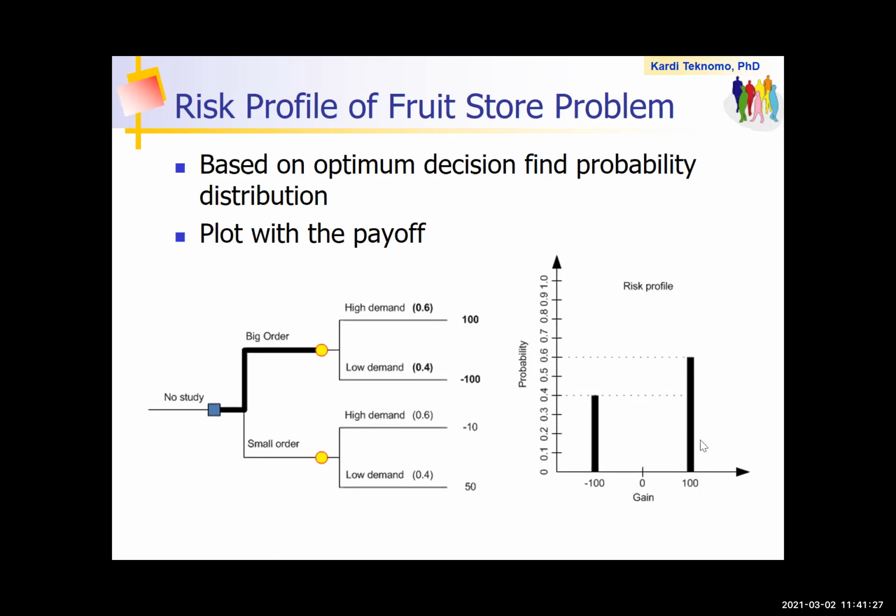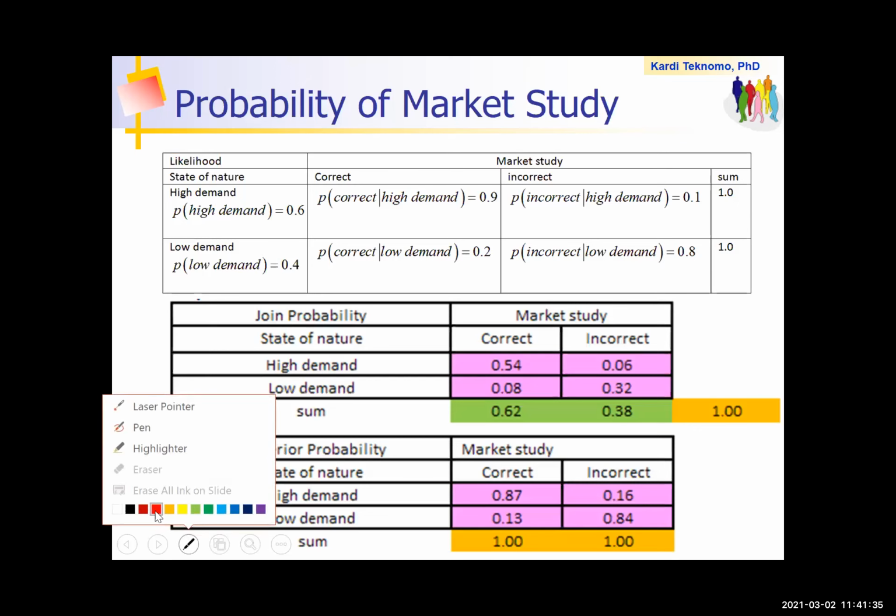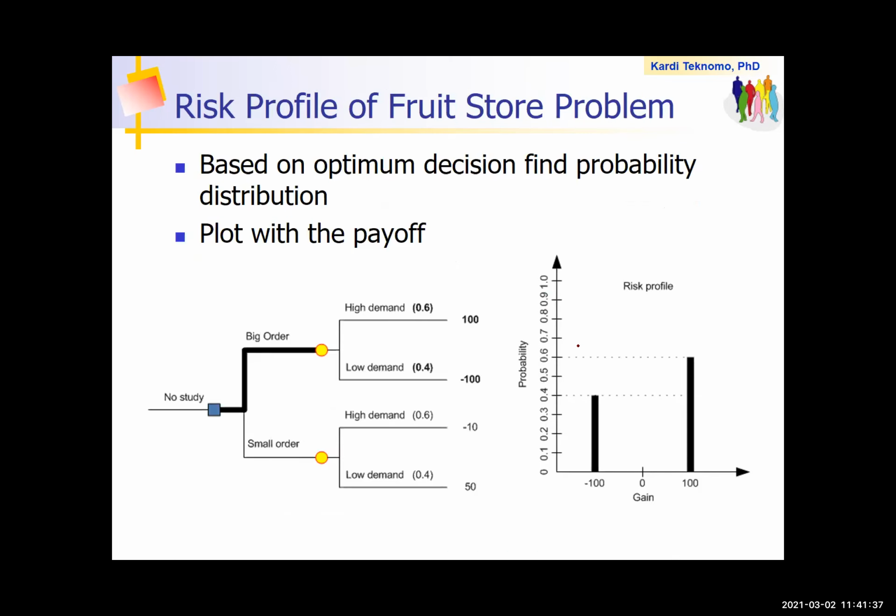You have 0.6 here. What is the value for 0.6? It is 100, right? So you have 0.6 and 100, and you get the bar for big order. For low demand, you have 0.4 and negative 100. So this is the risk profile for big order.